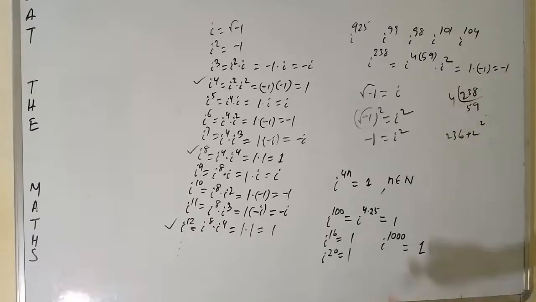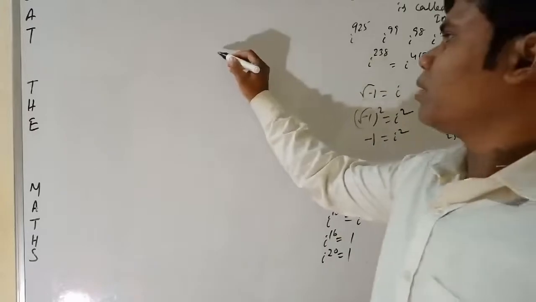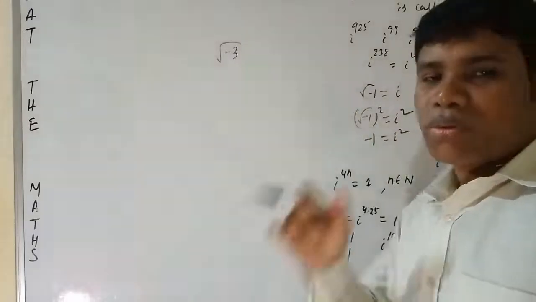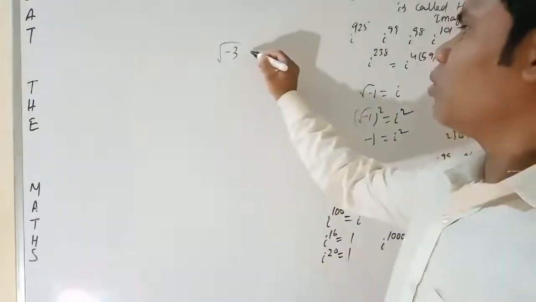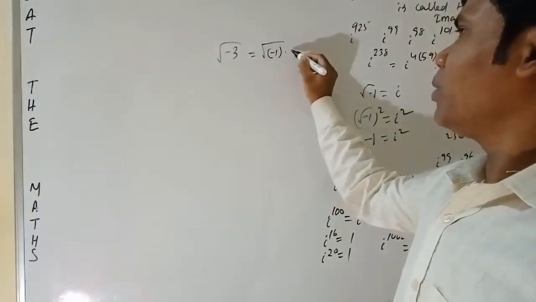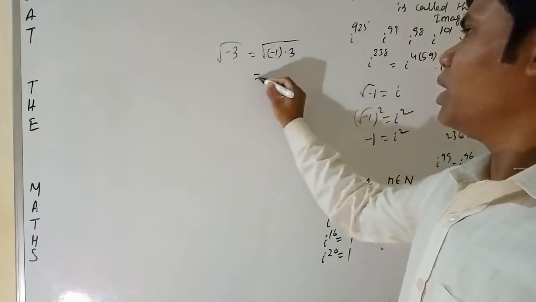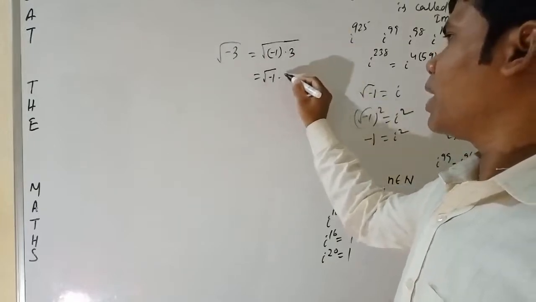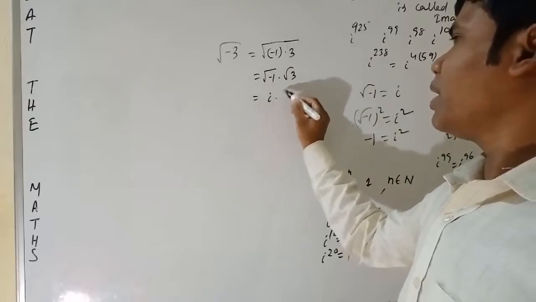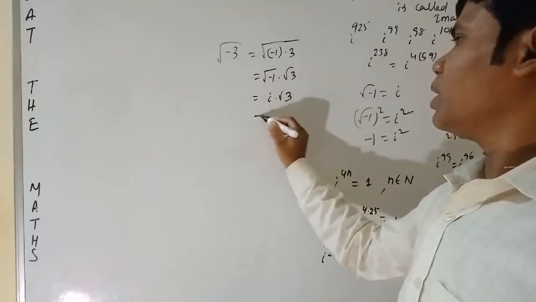Okay, suppose root over minus 3 is given. You see, root over minus 3 is equal to root over minus 1 into 3, which is root over minus 1 into root over 3. Root over minus 1 is equal to i, so it is i root 3, that is root 3 i.